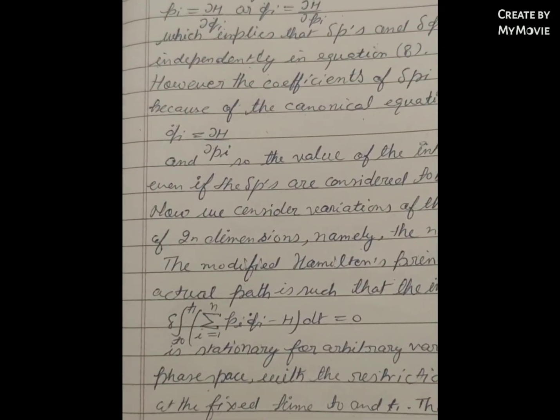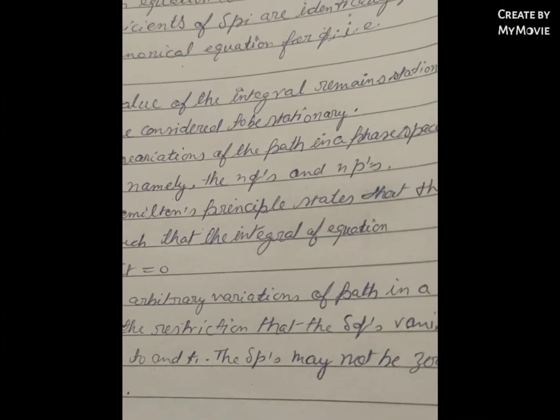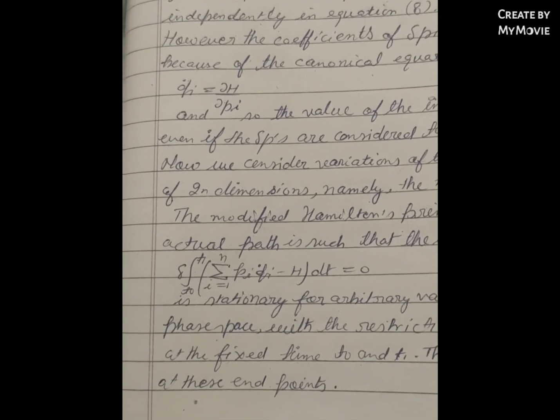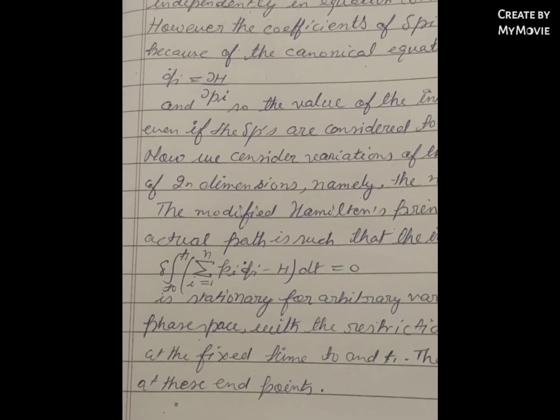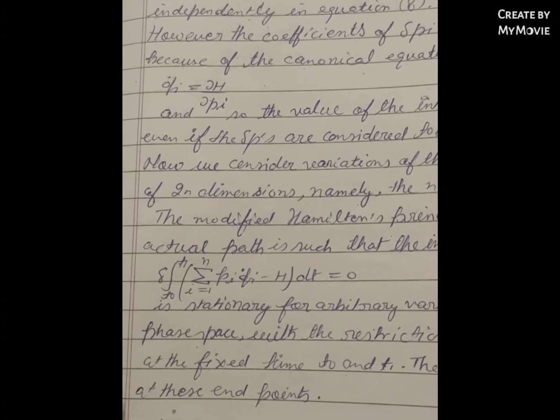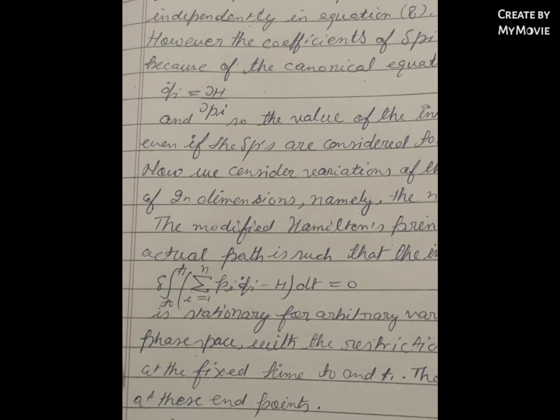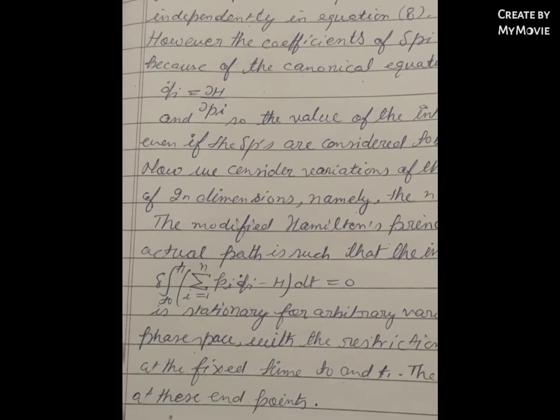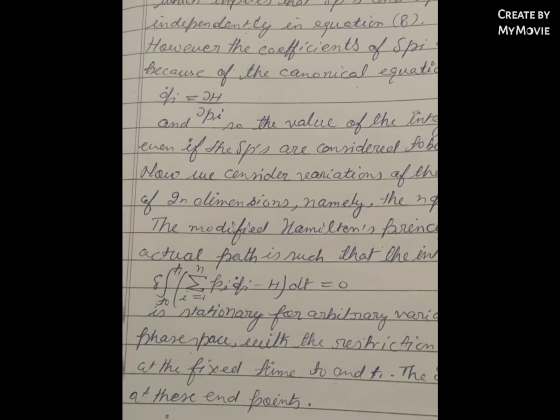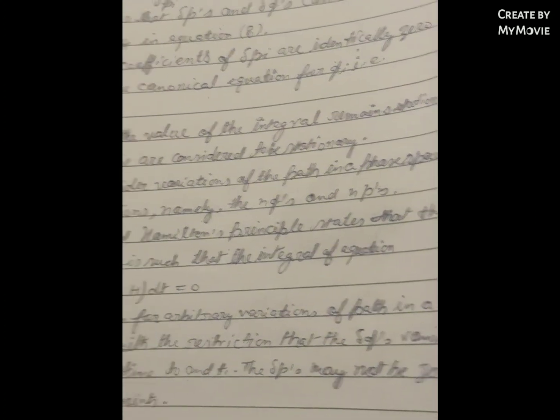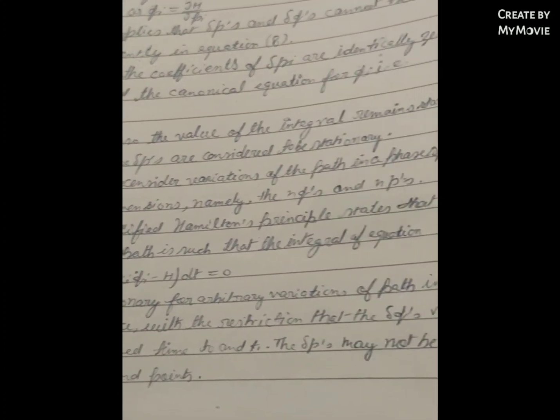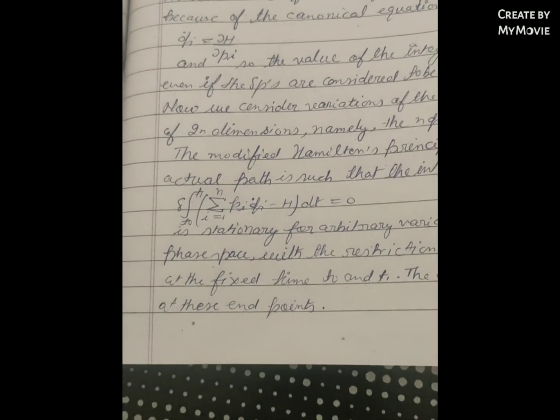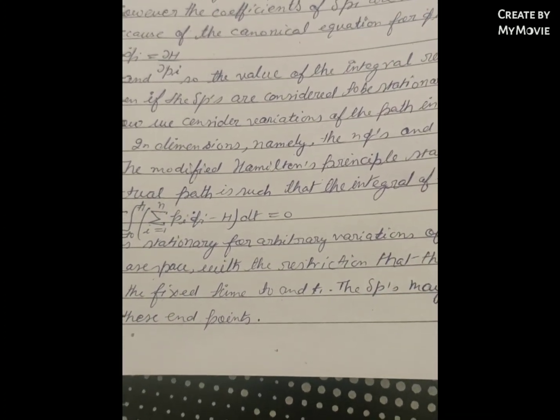The modified Hamilton principle states that the actual path is such that the integral δ∫ from t0 to t1 of [Σ (i from 1 to n) p_i q̇_i − H] dt = 0 is stationary for arbitrary variations of the path in phase space with the restrictions that the δq's vanish at the fixed times t0 and t1.